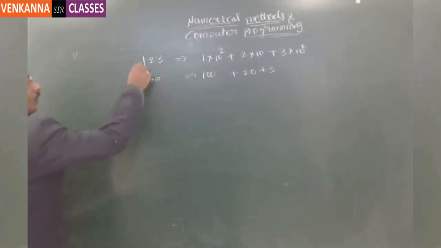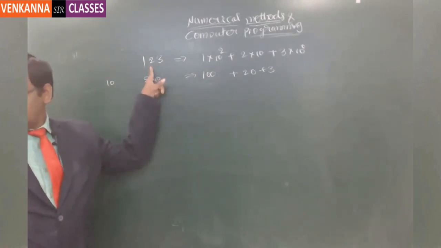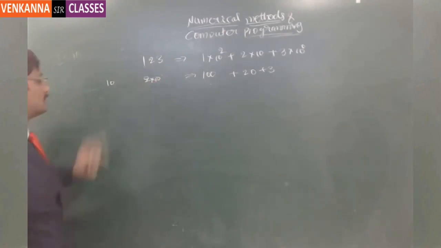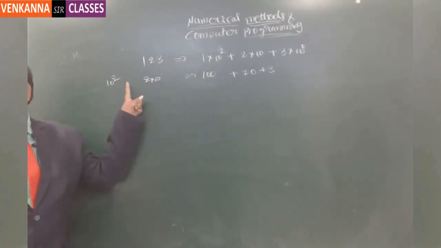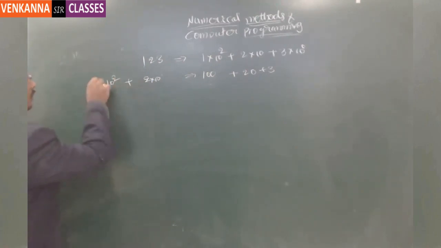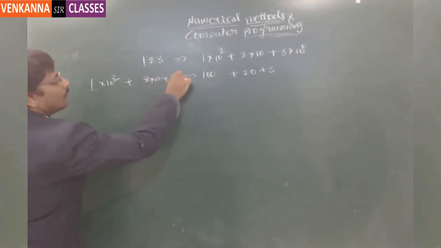And here 1 I have used, so for one cycle here this is 1 increment. Now for one complete cycle of this it has to be 100 increment. That means this has to be 10 square times of increment I have done. So here 10 square into 1, 2 into 10 plus 3 into 10 power 0.